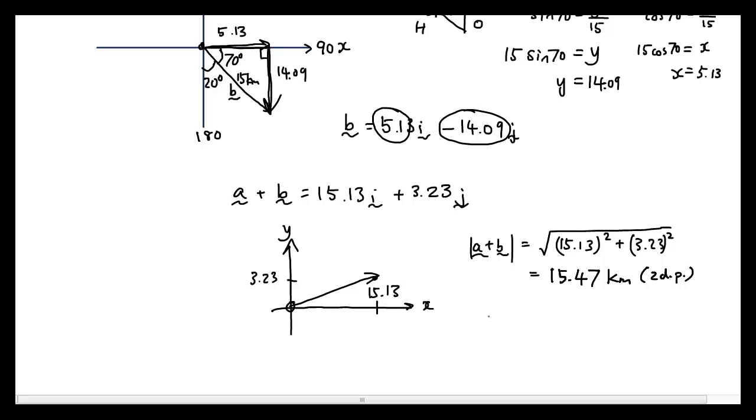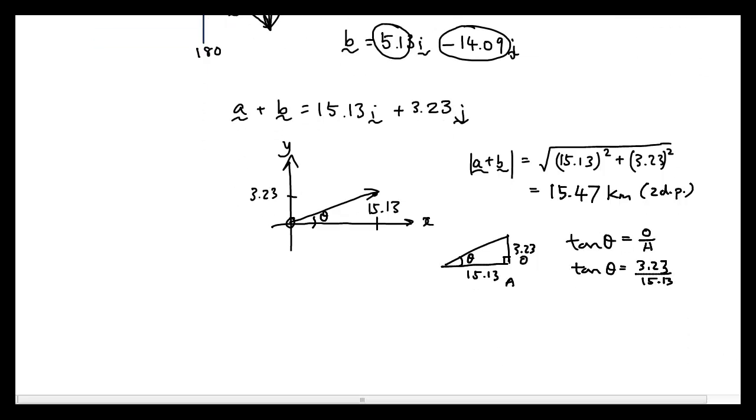And then let's find the direction, which is this angle here. So we have a right angle triangle, and we have 3.23. We want this angle, and we got 15.13, so that's opposite and adjacent. Tan theta equals opposite over adjacent. Tan theta equals 3.23 over 15.13.